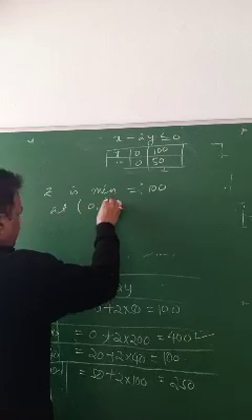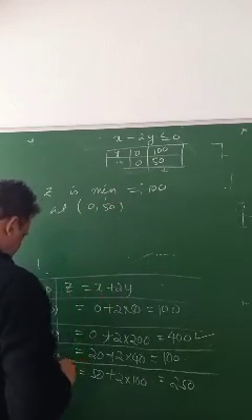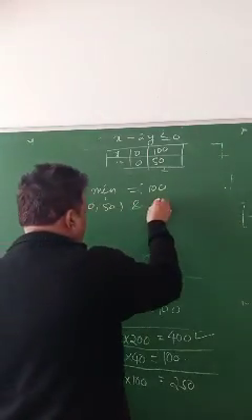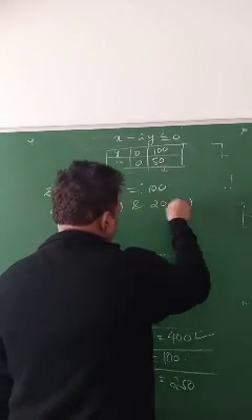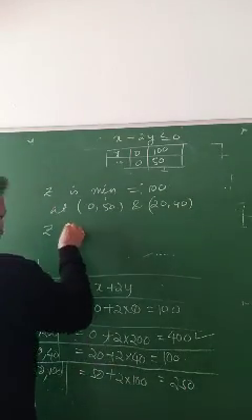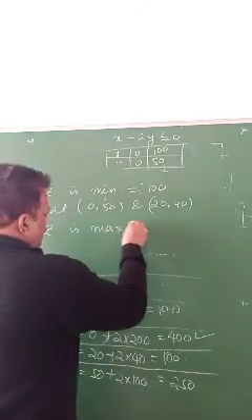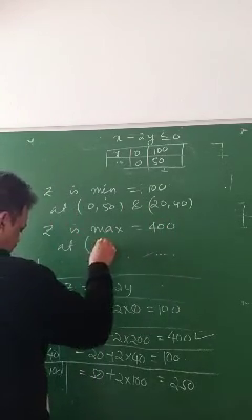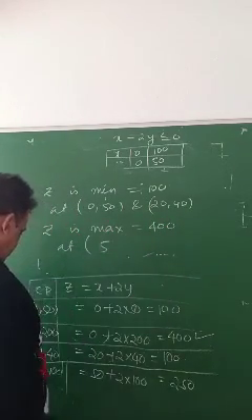At 0, 50, and the other one is 20, 40. That is the minimum value. Z is maximum, that is 400. At which point? That is 0, 200.